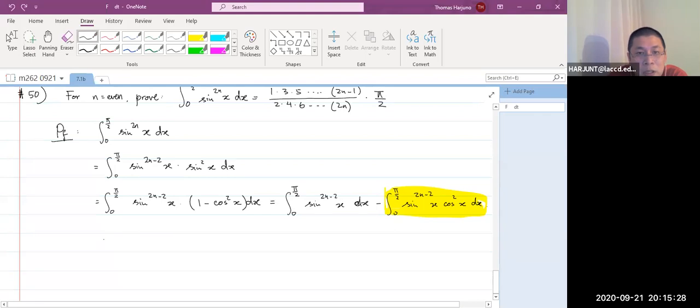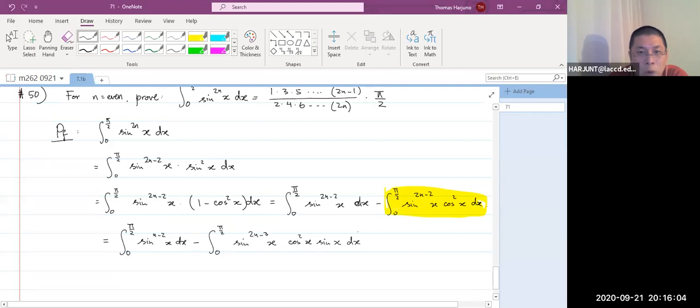So this is equal to the integral from 0 to pi over 2 of sine to the n minus 2 x dx minus the integral from 0 to pi over 2 of sine to the 2n minus 3 x, or sine squared x times sine x dx.